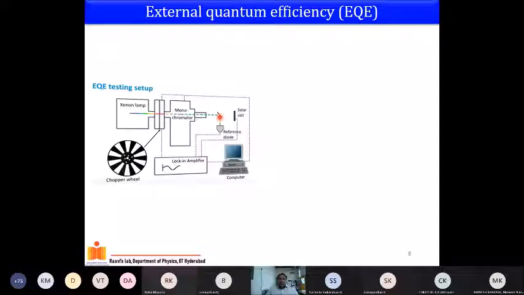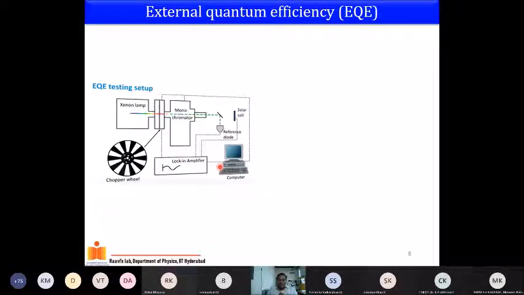And you know how much photocurrent you get from your reference diode. You know the properties of your reference diode, including its quantum efficiency. So when you know the quantum efficiency of the reference diode and the photocurrent coming out of it, you equate that with the solar cell photocurrent and do the basic algebra to get your actual external quantum efficiency.